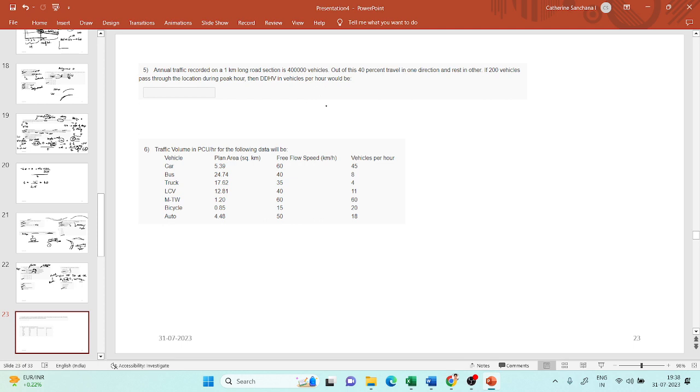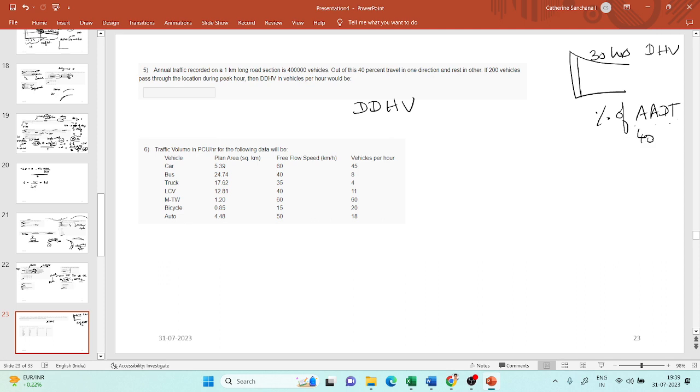I did not explain what the formula for DDHV is, right? So when I explain this 30-hour design hourly volume, this hourly volume here is usually expressed as percentage of AADT. What is AADT? AADT is annual average daily traffic.